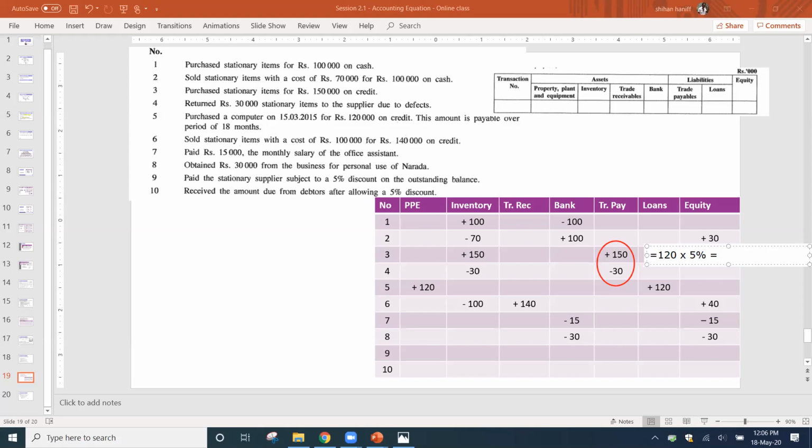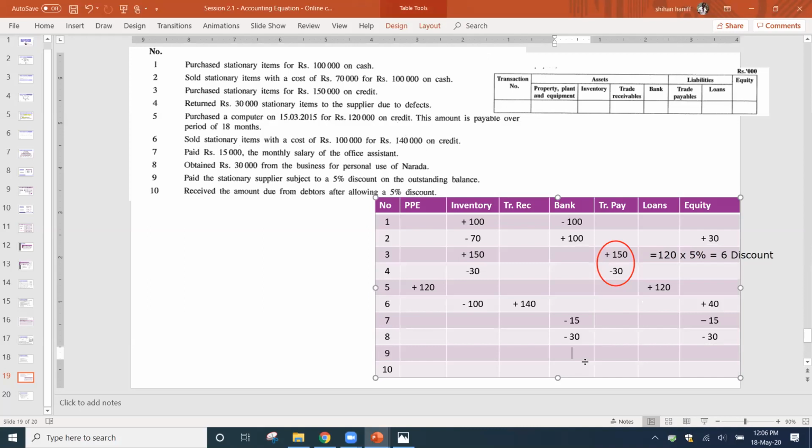10% is 12, 5% is 6 discount. If you are getting discount 6, how much will you pay? You will pay 114. So cash paid 114 and the full amount will be settled, 120.